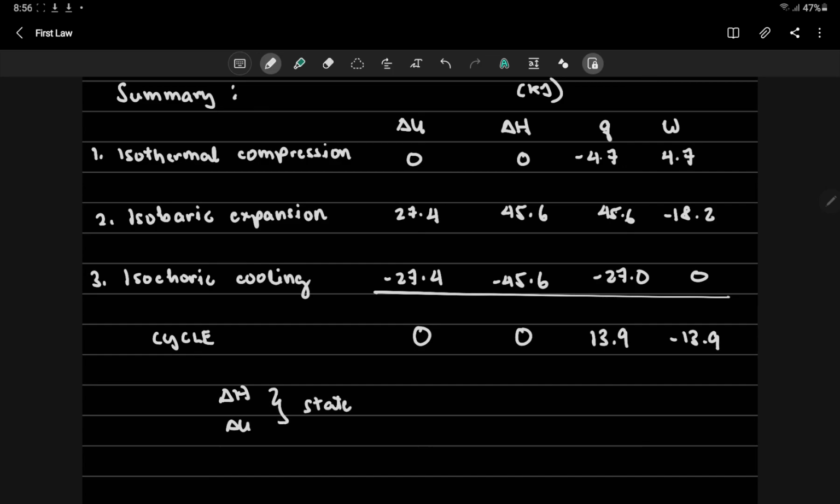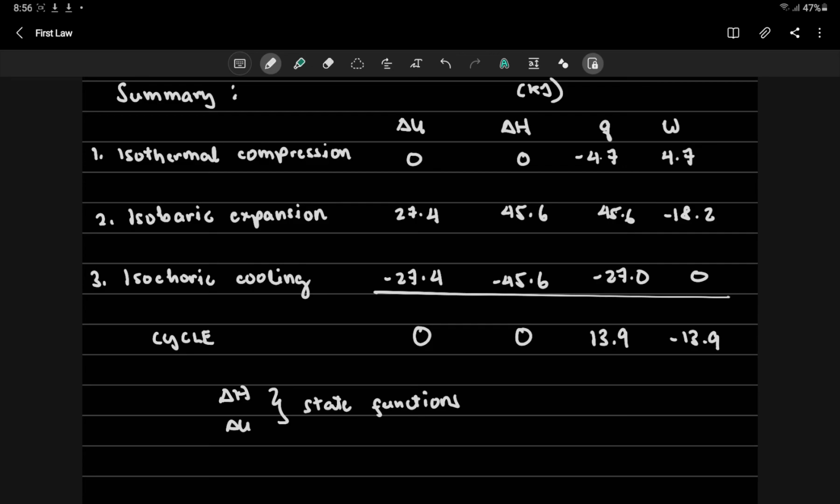Ang ibig sabihin nun is that kung ano yung value at that particular state given yung pressure and volume or maybe some other variables, okay, magbabago yung value ng function na yun kapag pupunta siya sa ibang state.